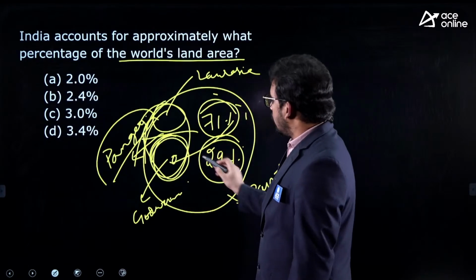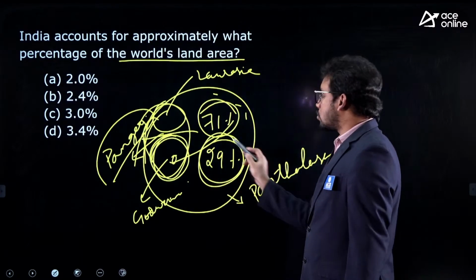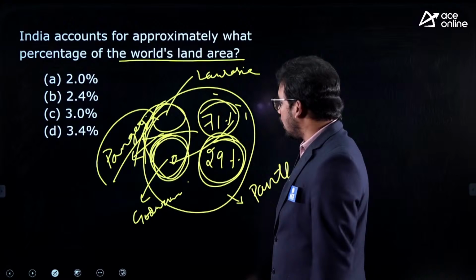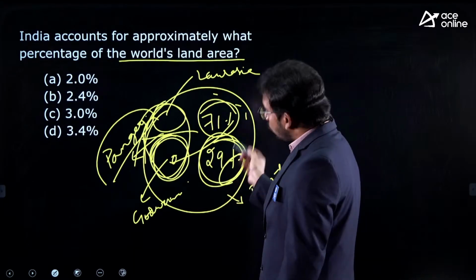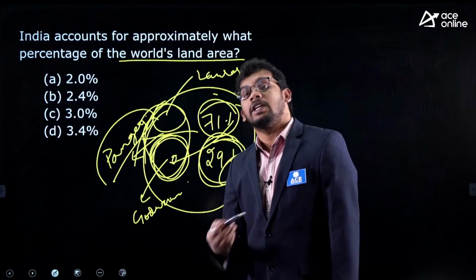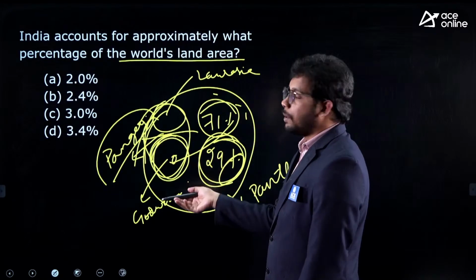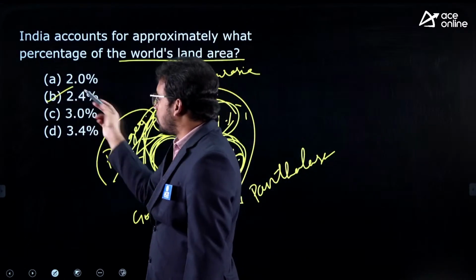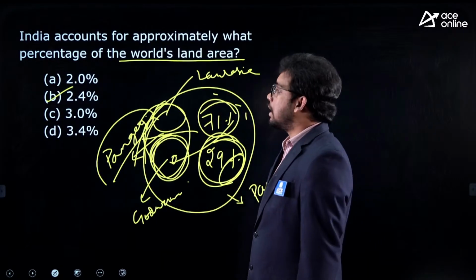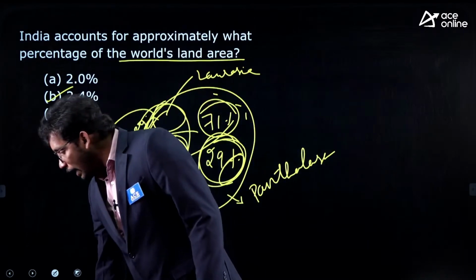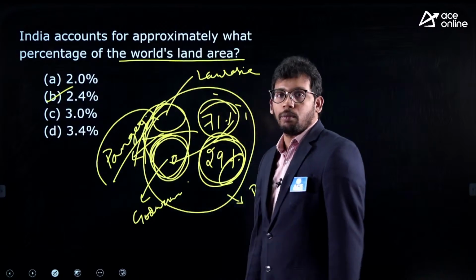The question is asking, out of this total 29% of land, how much land is occupied by India? This is a factual one, but we have briefly seen the background. The total percentage of area that India has occupied in the world land is 2.4%.